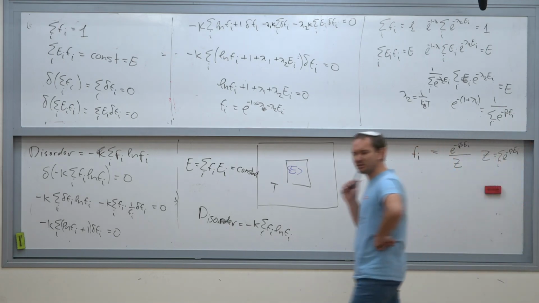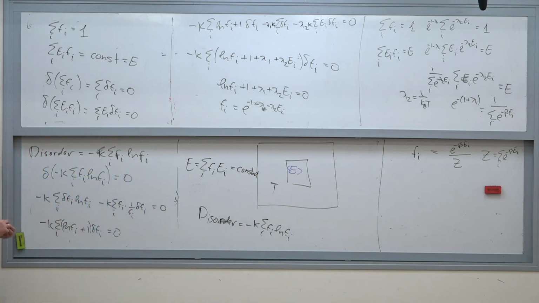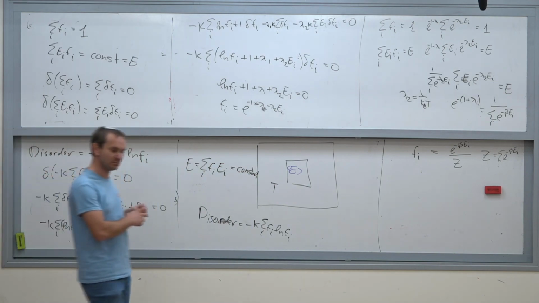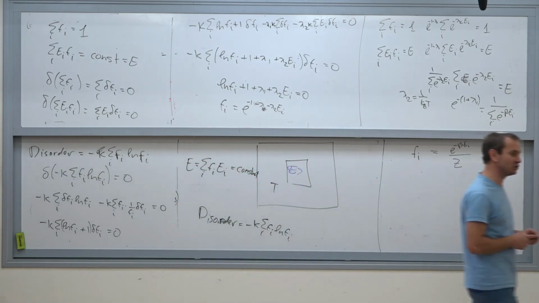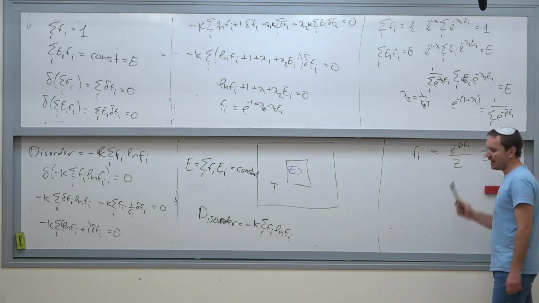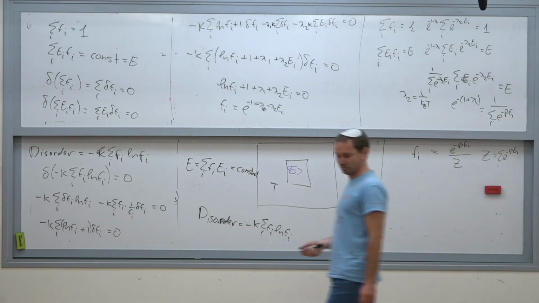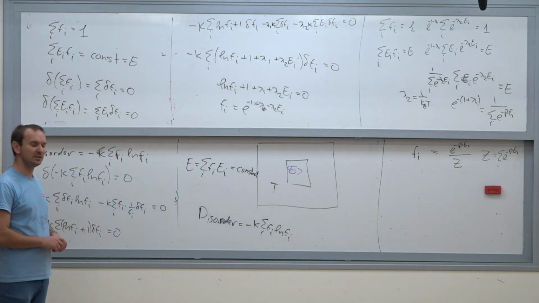The exact definition of the canonical ensemble. So the maximization of the disorder under the constraint that the average energy is kept constant provides us exactly the distribution of the canonical ensemble.